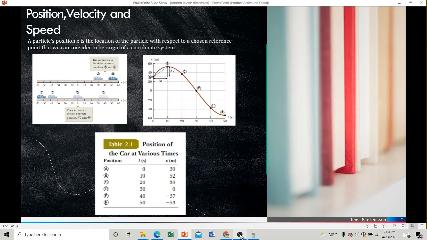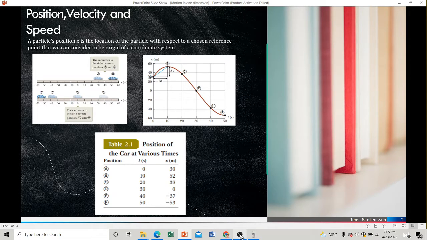So our reference is x equal to 0. We will use the particle model by identifying some point of the car, perhaps the front door handle, as a particle representing the entire car.